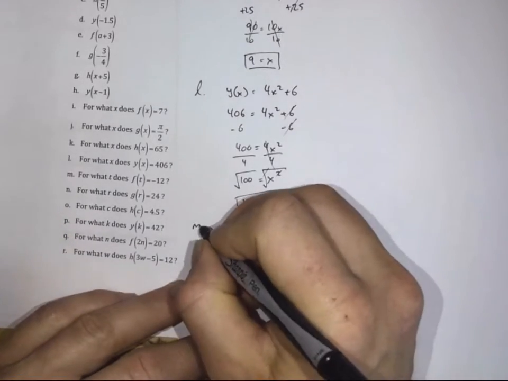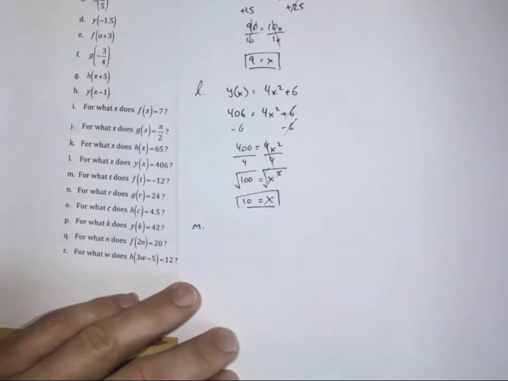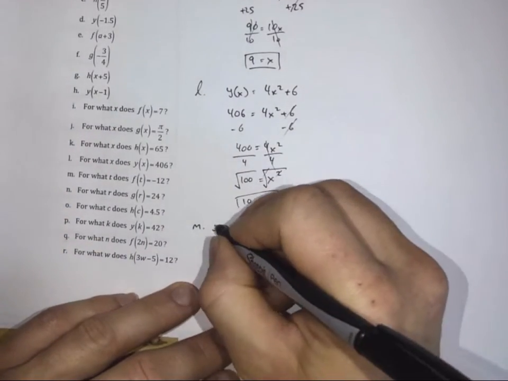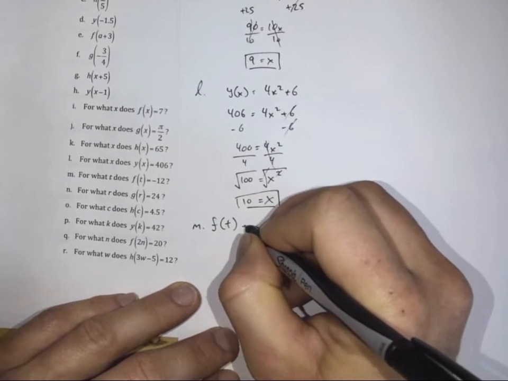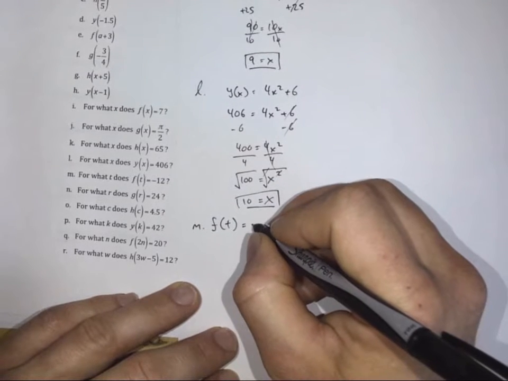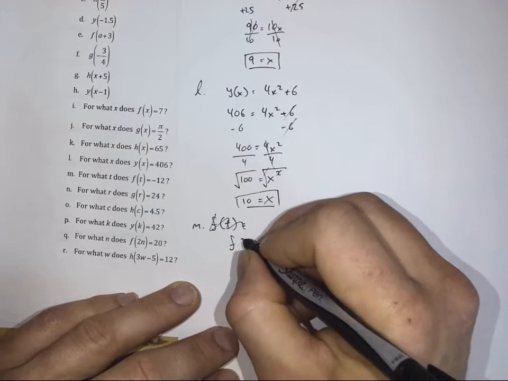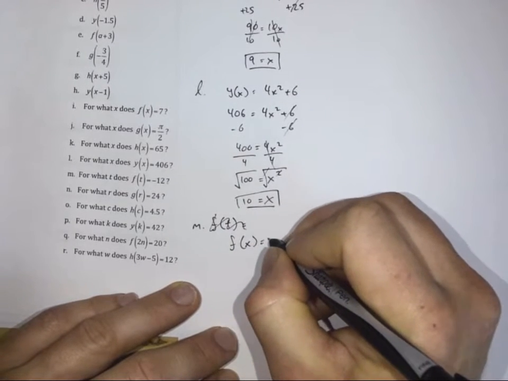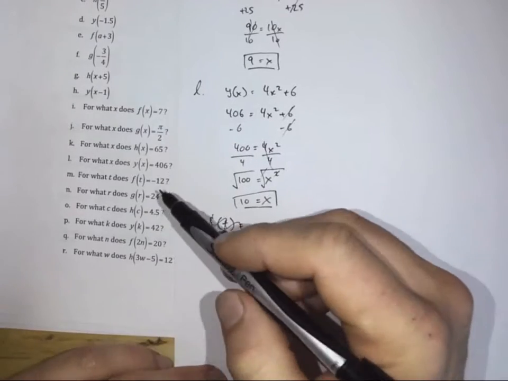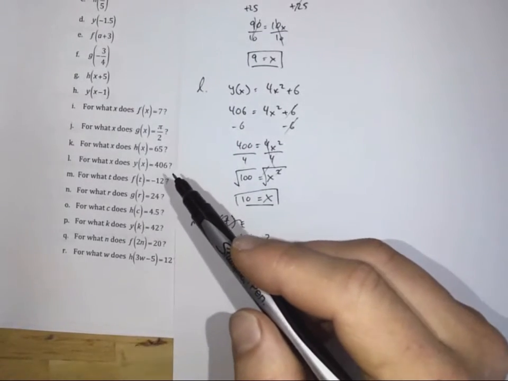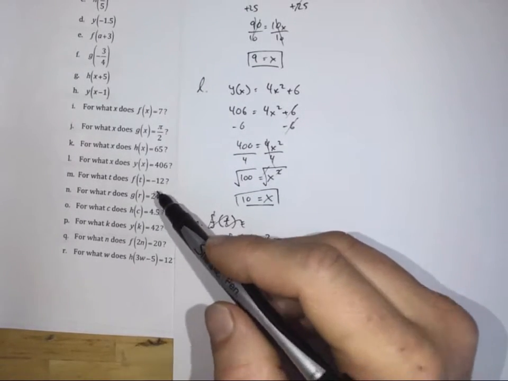So for m, we've got function f of t equals, our original function f of x is equal to 3x. Now this function introduces a new letter. It says, well, what if f of t is negative 12?